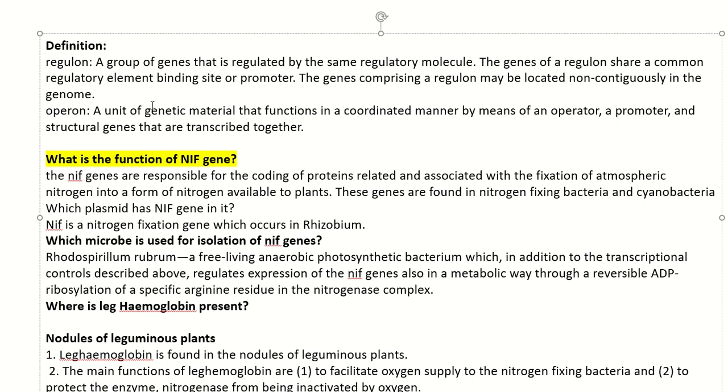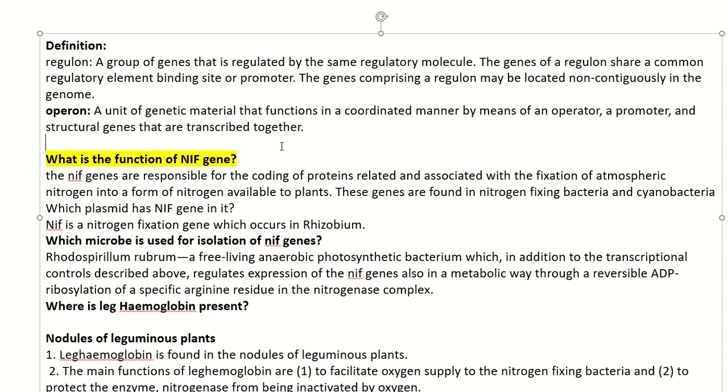non-contiguously in the genome. Now, what is an operon? This is a very important question, can be asked anywhere. In interviews also they ask what is an operon. So you have to write: a unit of genetic material that functions in a coordinated manner by means of operator, promoter, and structural genes that are transcribed together.